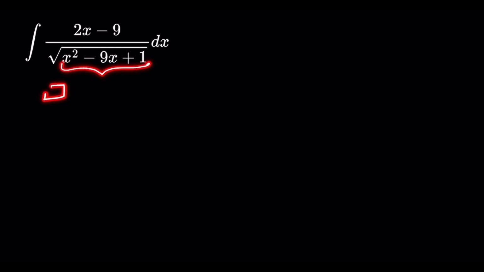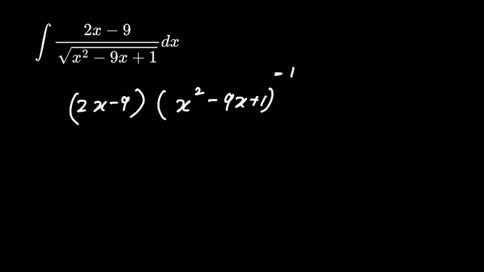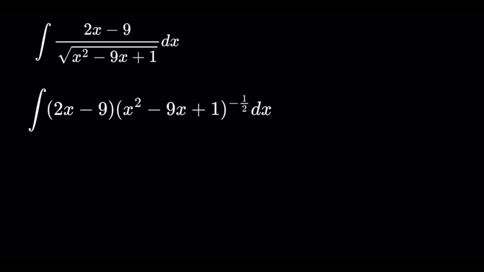Notice that inside the square root, if we differentiate what's under the root, we do get the numerator, 2x minus 9. And that's a good sign here. So now we'll rearrange the expression and rewrite it like this. Now we can apply the power rule for integration. But before that, let's go over an important rule.